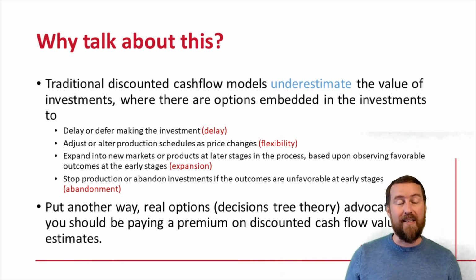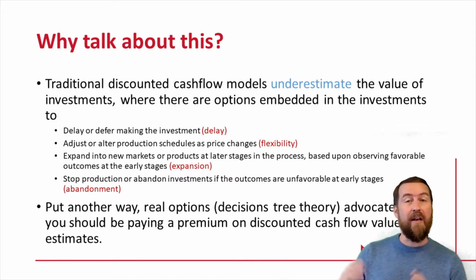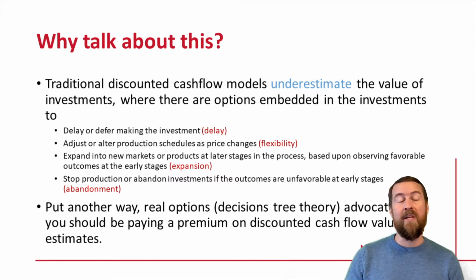We can expand it. We can say, this is going great. We will build another warehouse. We will put in another line in our production, or we will add more people to our sales force. We can expand it, or we can see, this didn't go as we expected. We can stop it before we invest all the money, before we lose all the money.